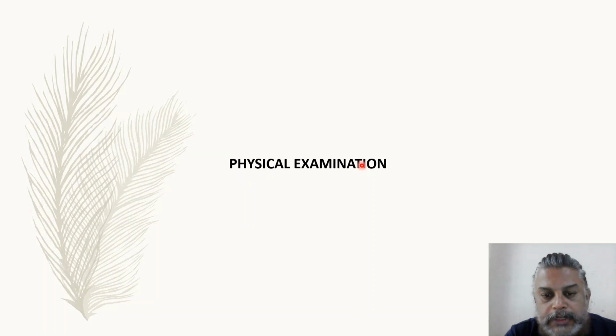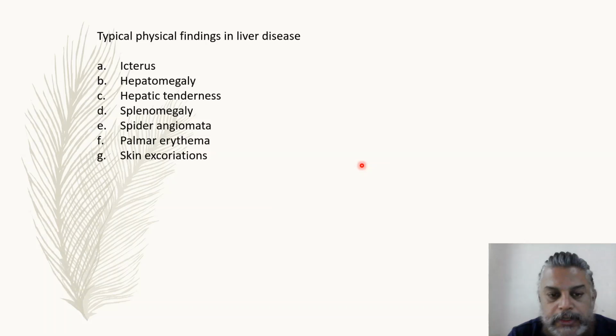On physical examination in a case of liver disease, what we are supposed to see mainly is icterus, that is, yellow colored sclera of the eye. Similarly, we will get enlargement of the liver, and if we palpate over that, it will be tender.